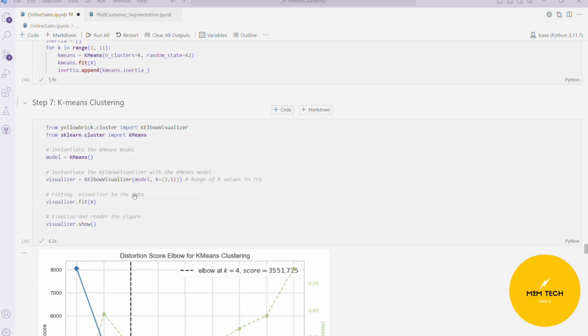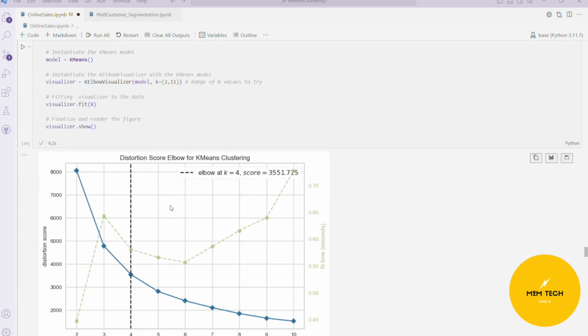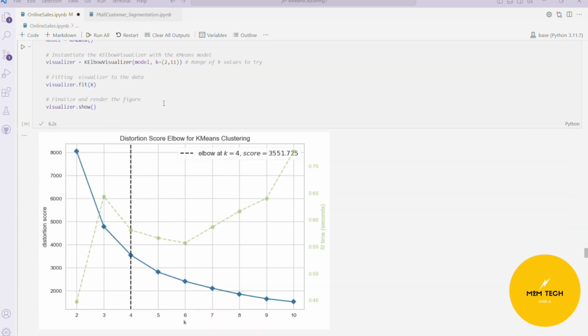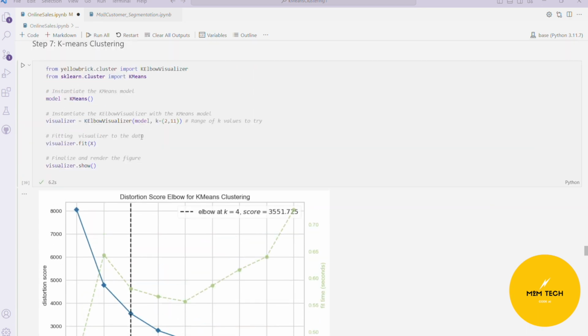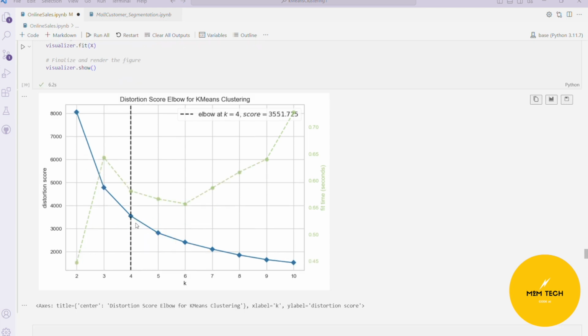So to know the number of clusters to use, I used this visualization from Yellow Brick to understand how many clusters we really need to train this data set. So it turned out to be 4, and you can already see that the line starts to straighten from the point where k equals 4.